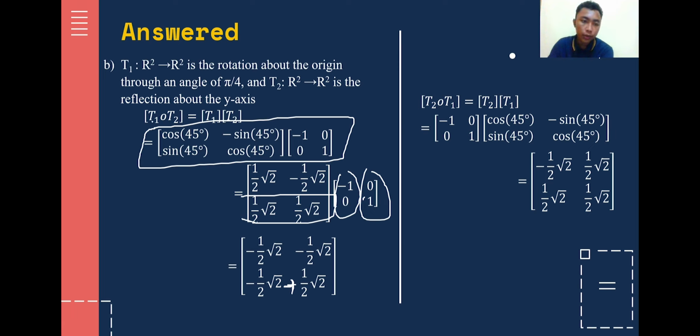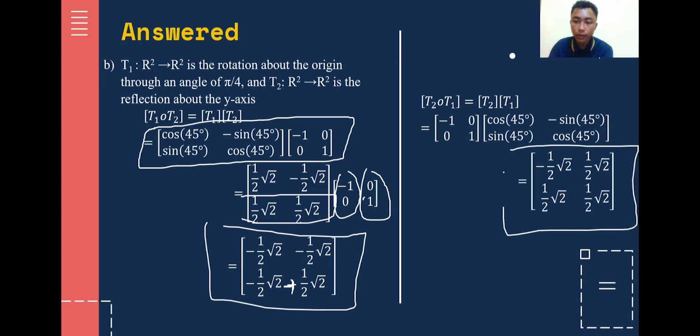The result from T1 or T2 is this, and the result of T2 or T1 is this. These have different results, so we can say in this case T1 or T2 is not the same as T2 or T1.